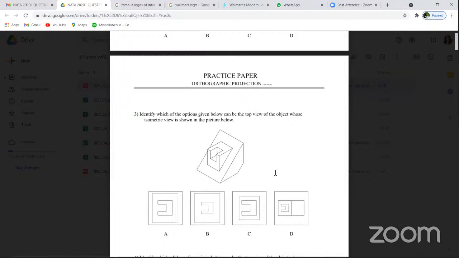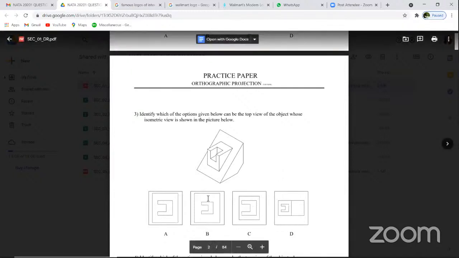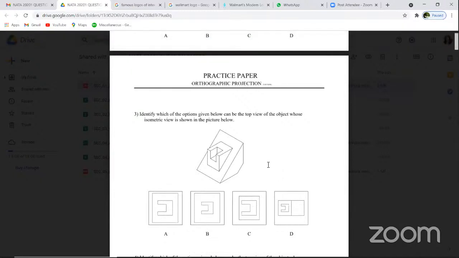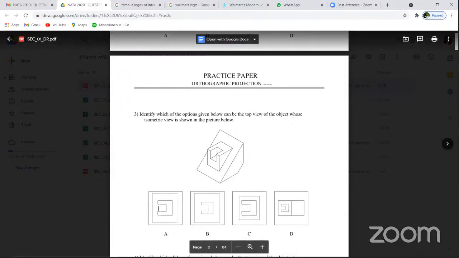This inverted C should be closed, the middle block. If you look from the top, there should be a line between. Yes, true. I see that. Correct.